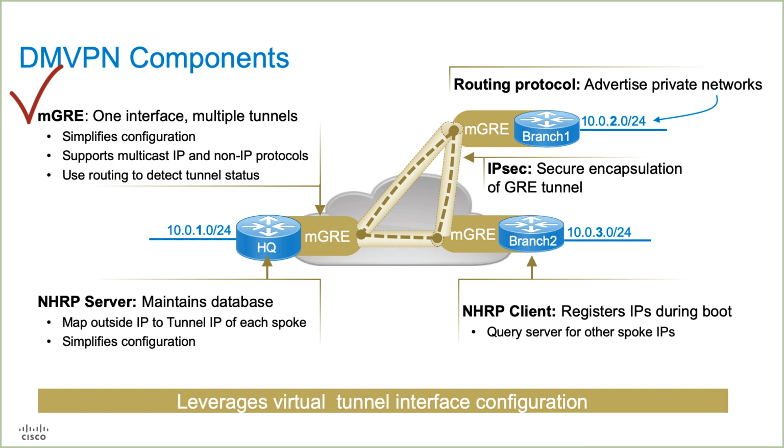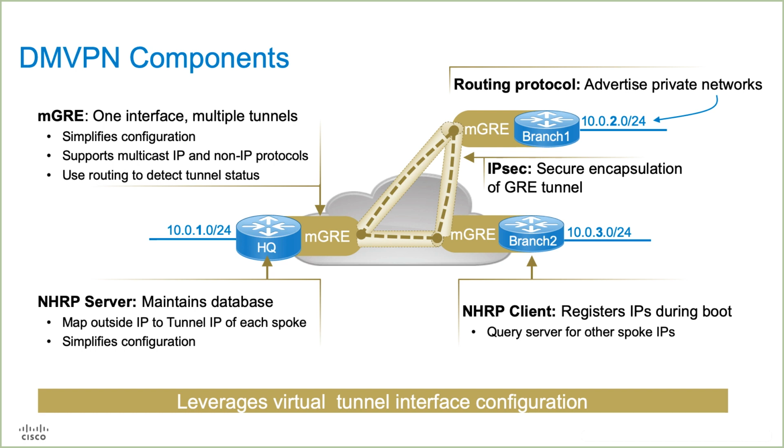Understand we're using a protocol that's been around for a long time, generic router encapsulation, that enables the multipoint part. It enables a single tunnel interface to support multiple actual tunnels. So that right there, especially coming from the old days of having to configure GRE more manually, by having a single interface for multiple tunnels, that absolutely simplifies the configuration.